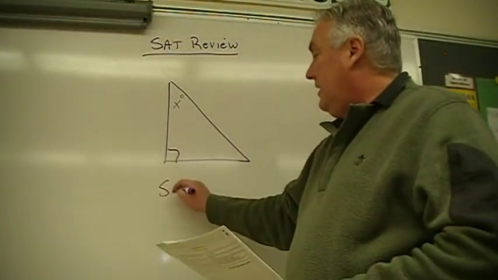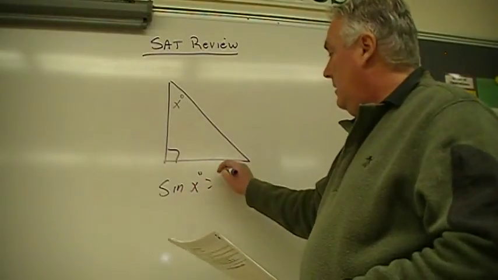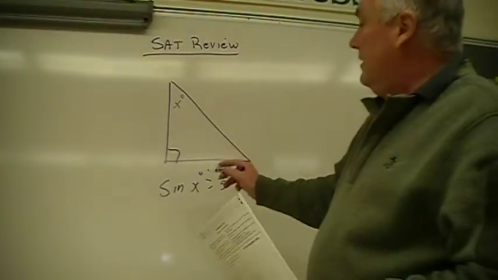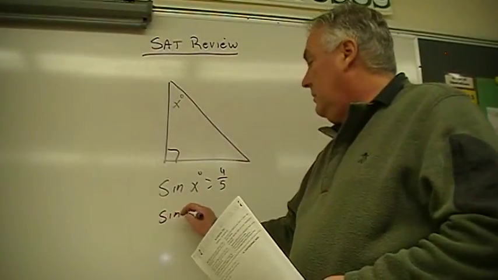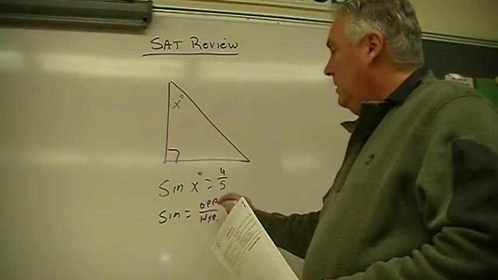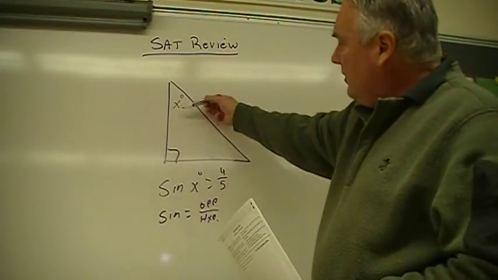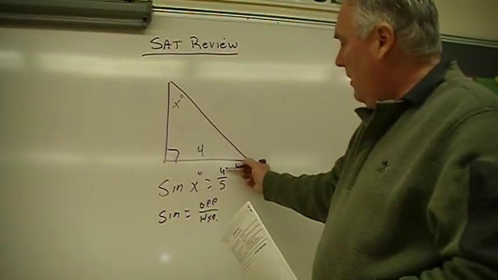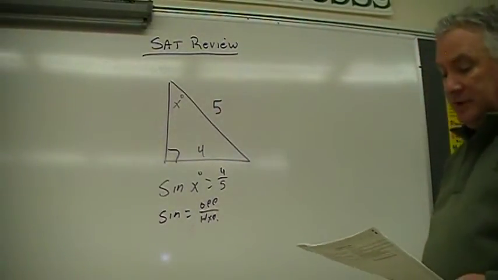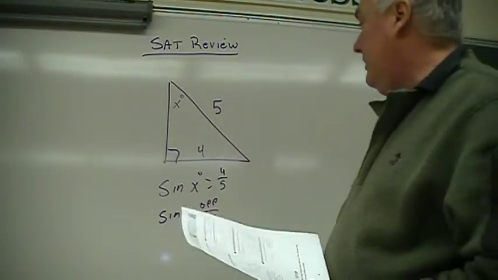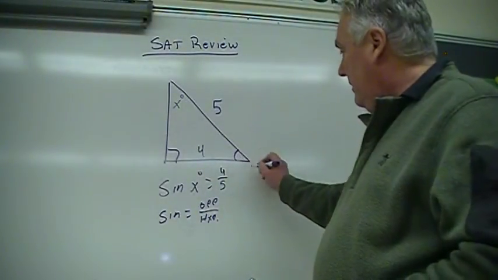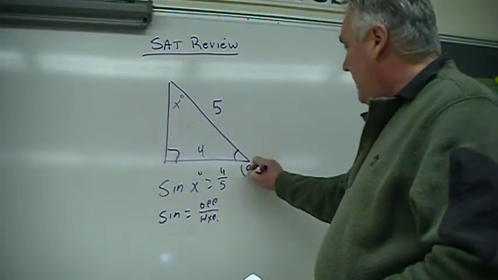So the sine is 4 over 5. What that means is that sine is equal to opposite over hypotenuse. So the opposite is going to be 4 over 5. What's the cosine of 90 minus x degrees? Well, if this is x, this angle right here is 90 minus x.